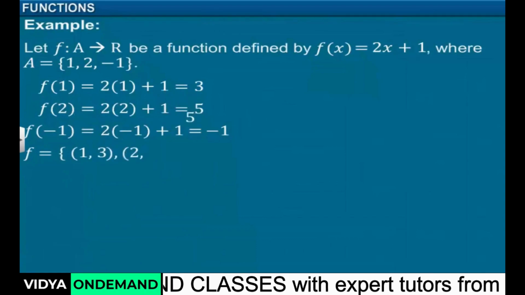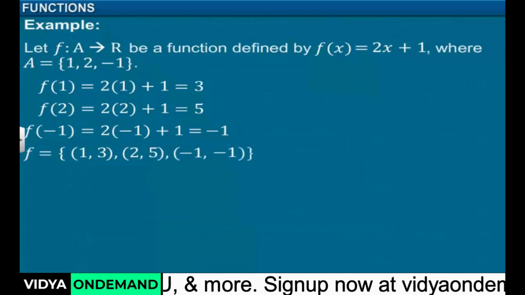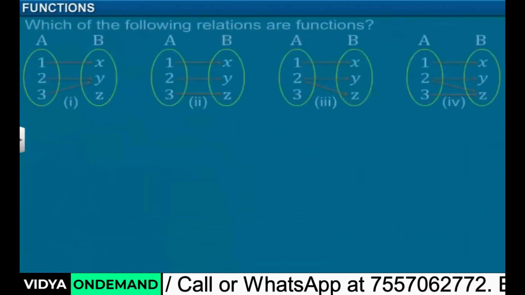Let's now consider some more examples in which we are given arrow diagrams of some relations. Let's check which of them are functions.